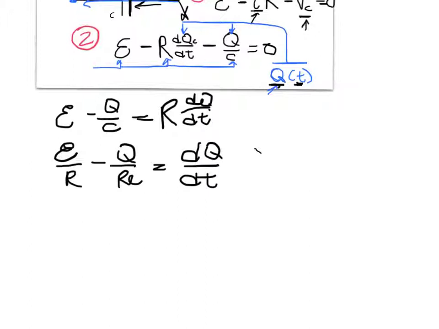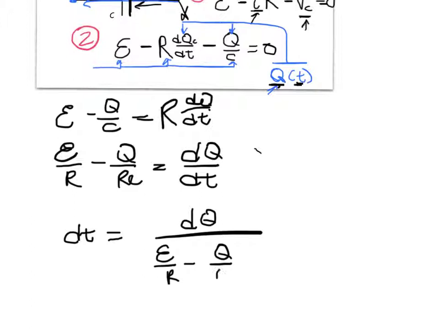And now what I'm going to do is get the q's and the t's all together like this. I'm going to say dt is equal to dq over EMF over r minus q over rc.